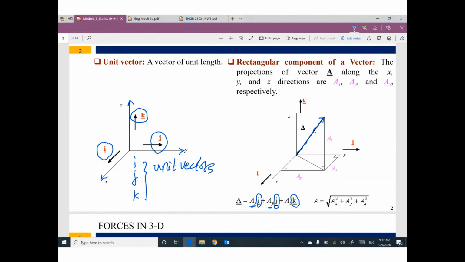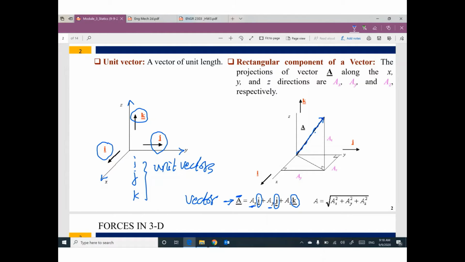So your force A as a vector has three components, one in X, one in Y, and one in Z. What we learned before, each force has two components only, one in X and one in Y, because we were talking about 2D. But right now, we are talking about 3D.